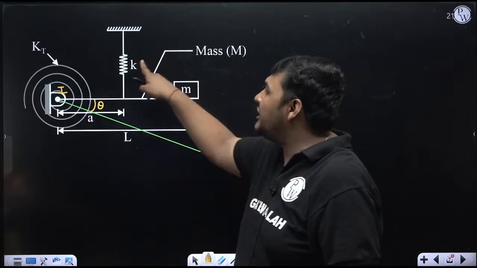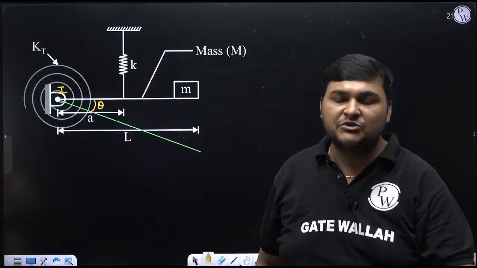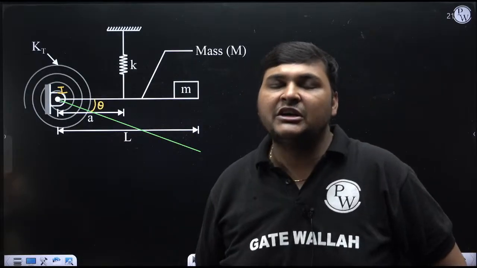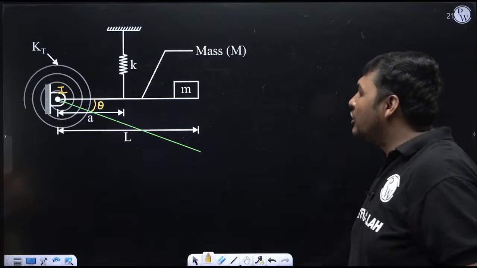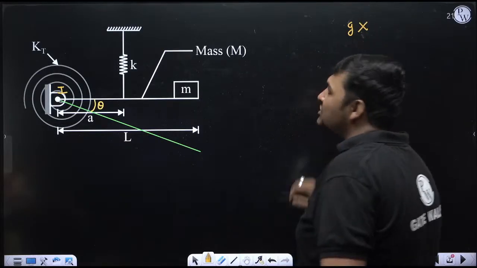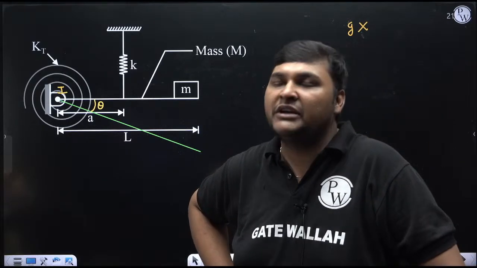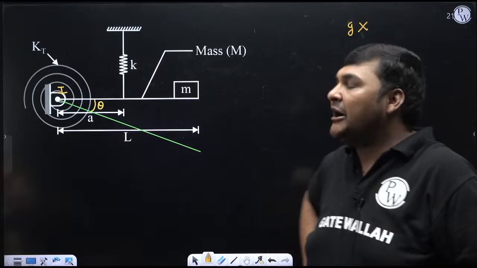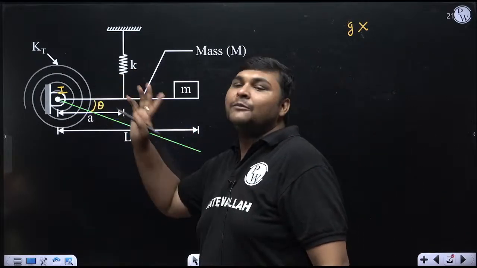Because it is supported by the spring. Due to this weight, there will be static deflection in the spring, and the weight and static deflection will cancel each other. And if they are cancelling each other, then while deriving the equation of vibration, we will not consider the weight, and we will also not consider the static deflection of the spring.